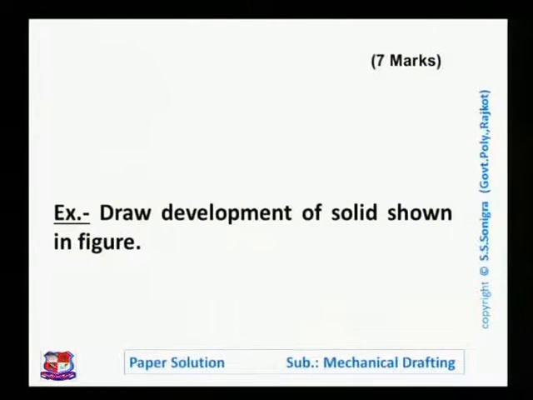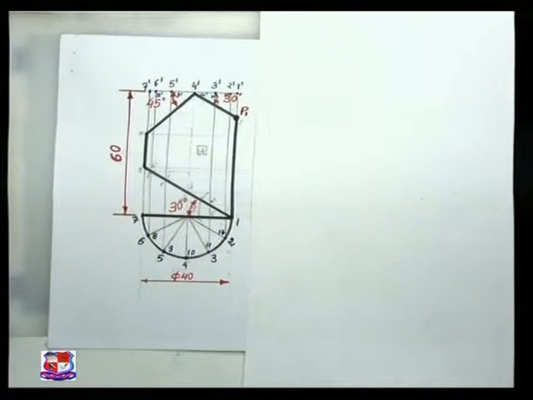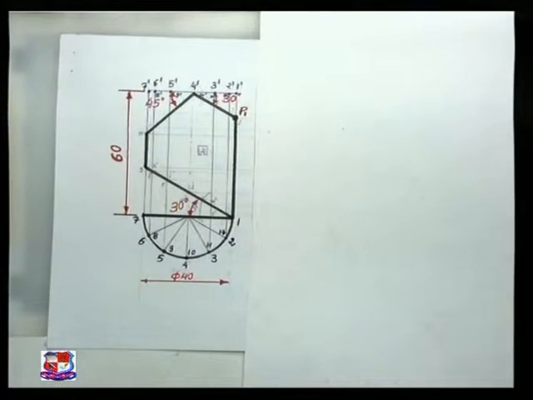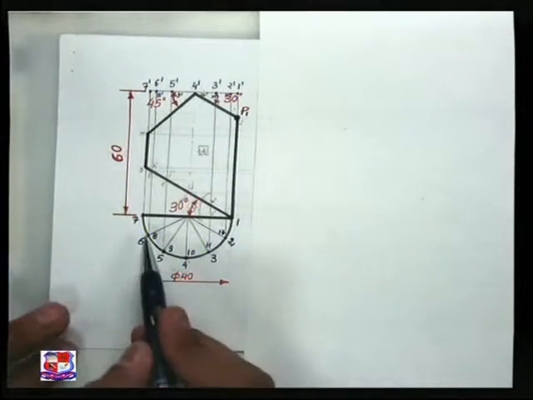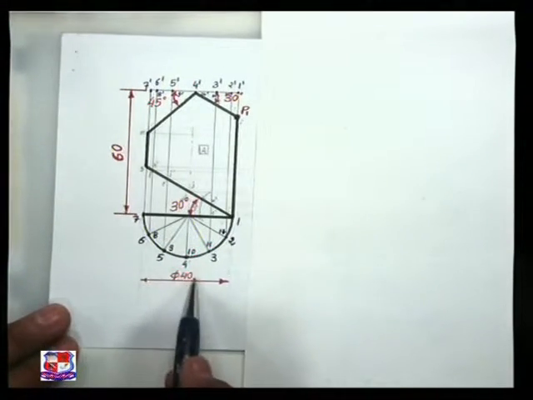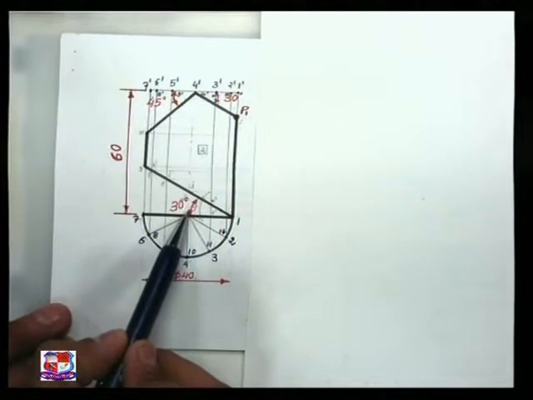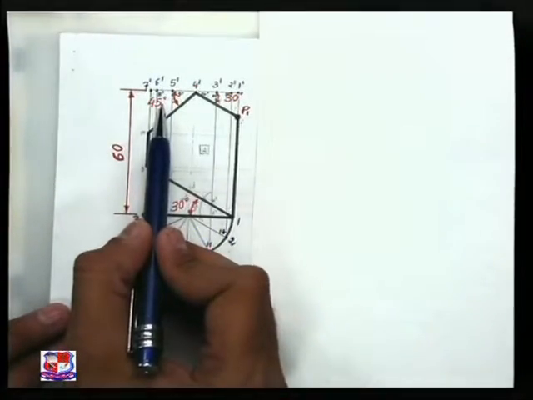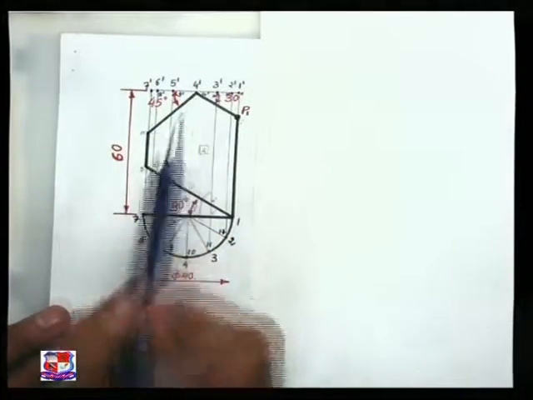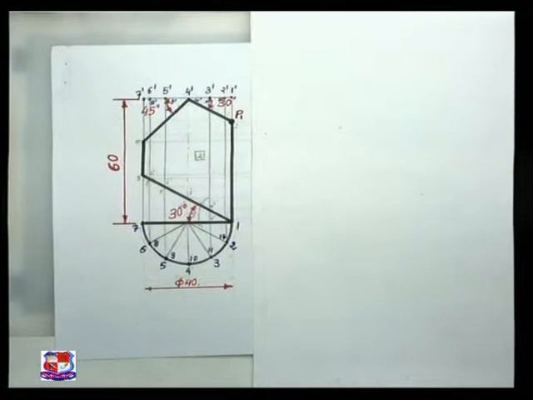You can see here, this is the given case, and it is mentioned that it's a full circle. It's a cylinder of diameter 40 mm. It is cut like this. First cut is at an angle of 30 degree, height is 60 mm. This cut is at an angle of 45 degree. This cut is at an angle of 30 degree. So we have to draw the development of this solid.